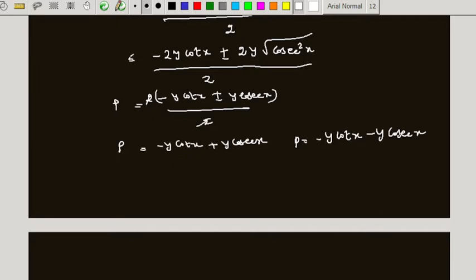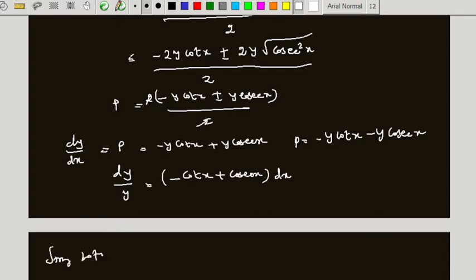Here p is nothing but dy by dx. So we write y on one side: dy by y equal to minus cot x plus cosecant x, and dx we bring to the right hand side.